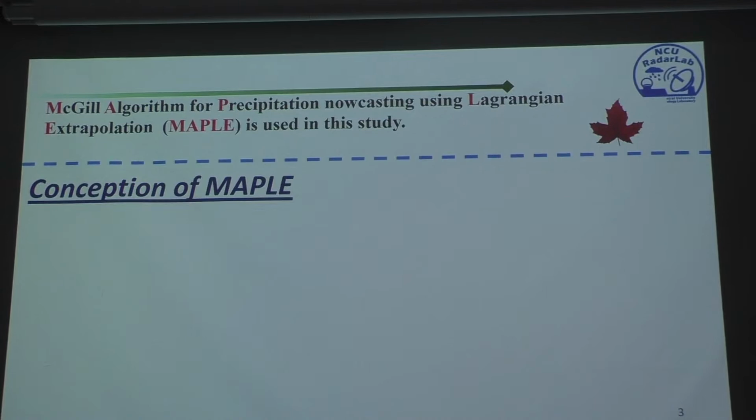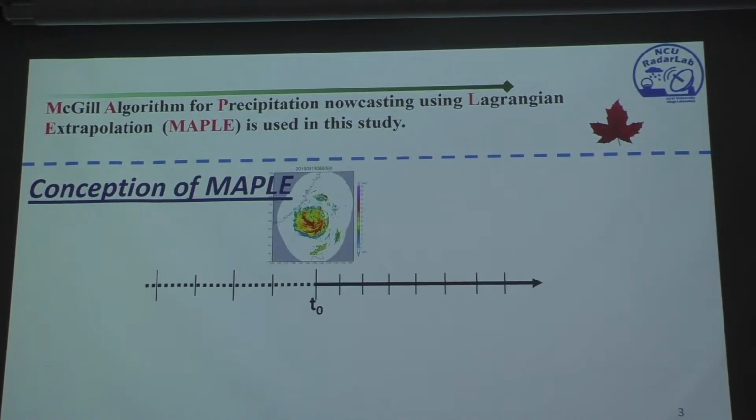One way of doing that is the Lagrangian algorithm: there is a nowcasting system called the McGill Algorithm for Precipitation nowcasting using Lagrangian Extrapolation. Since it was designed in Canada, the abbreviation is MAPLE.